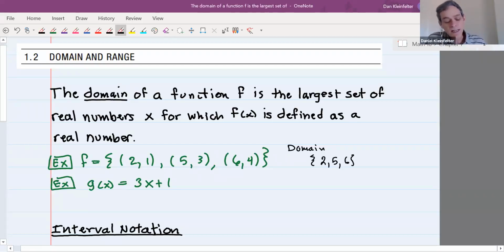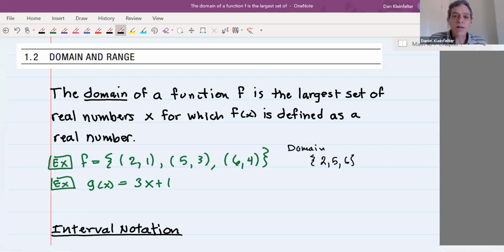For the second example, g of x is equal to 3x plus 1. Here the function is given by a formula, and we'll be working with functions mostly in this format. So we'll talk more about how to come up with the domain. Basically, you want to think about what the possible values for x are. Think of any real number you like. Is it always possible to multiply by 3 and then add 1?